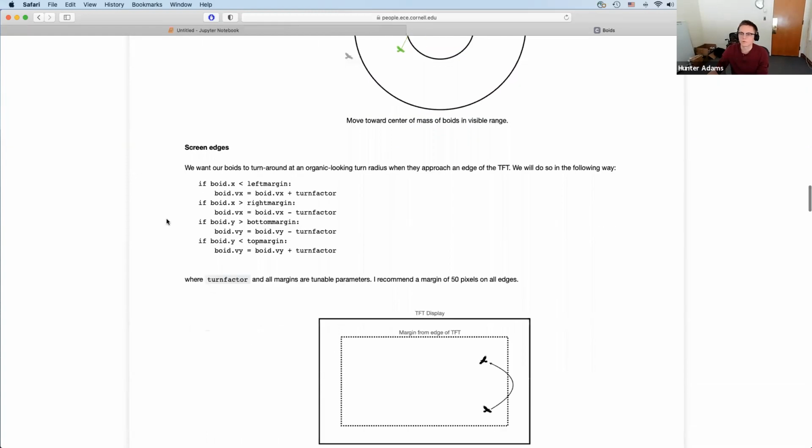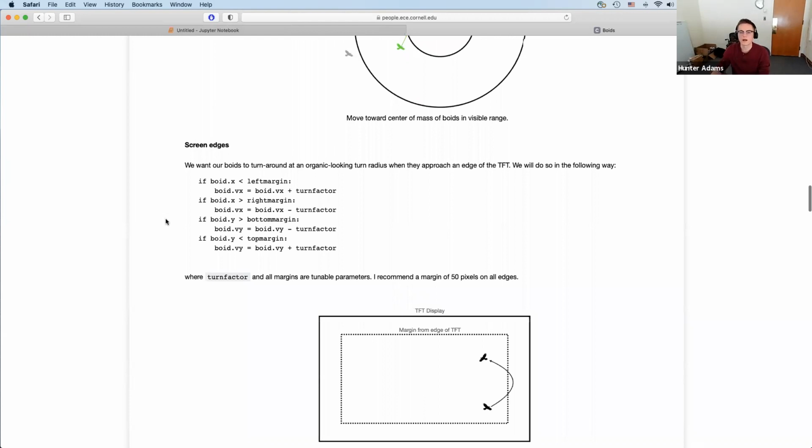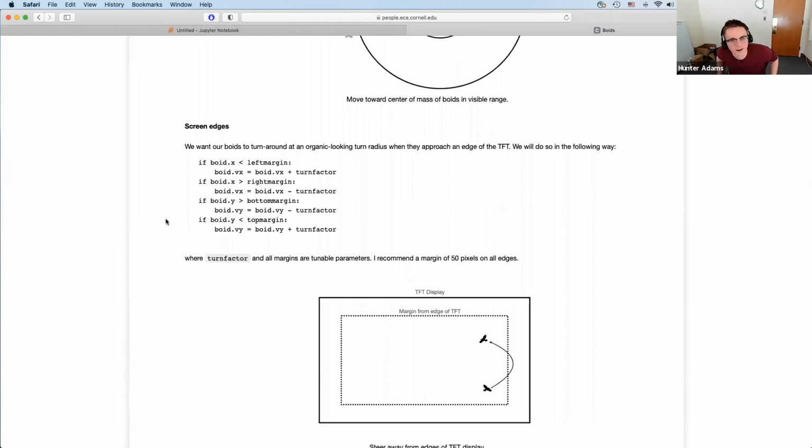A couple other rules. This one's sort of obvious, but clearly we want our birds to turn around at the edge of the screen. So the way that we do that is we decide on some margin from the screen where we want the birds to start turning.